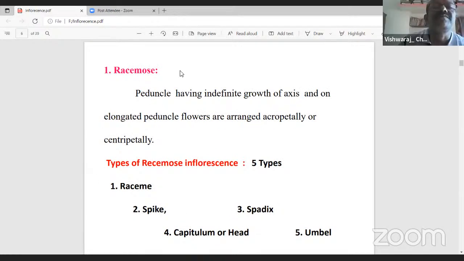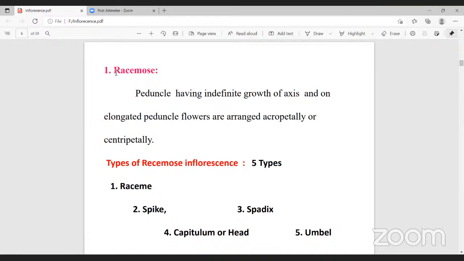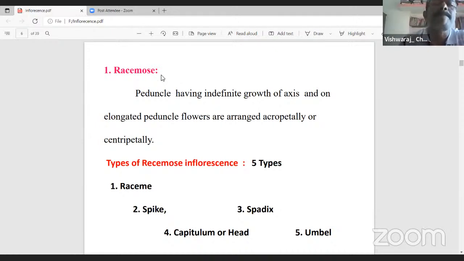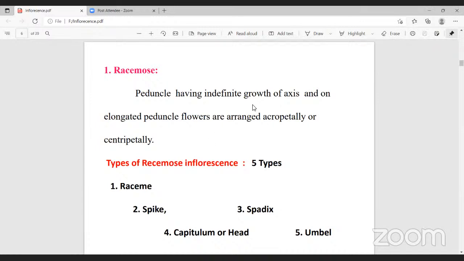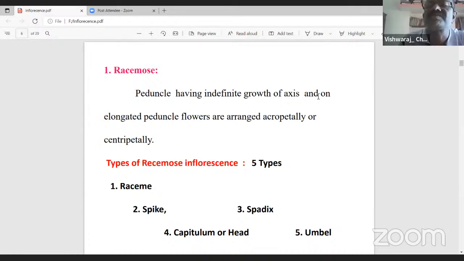Let's see one by one these three types of inflorescence: racemose, cymose, and special types. The first type is racemose, in which the peduncle has indefinite growth. There is indefinite growth of the axis, and on the elongated peduncle, flowers are arranged acropetally or centripetally.